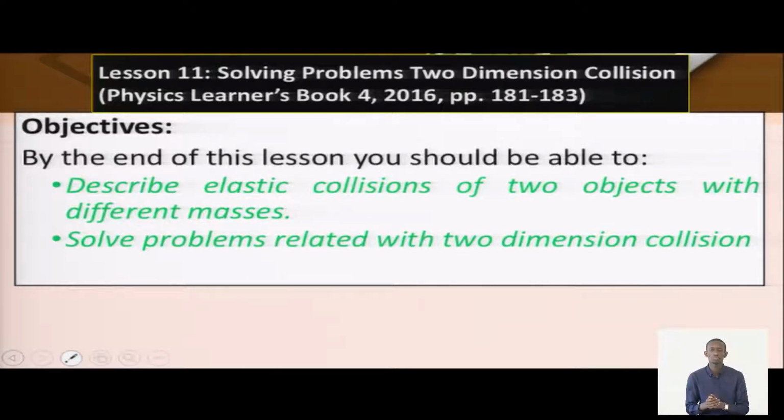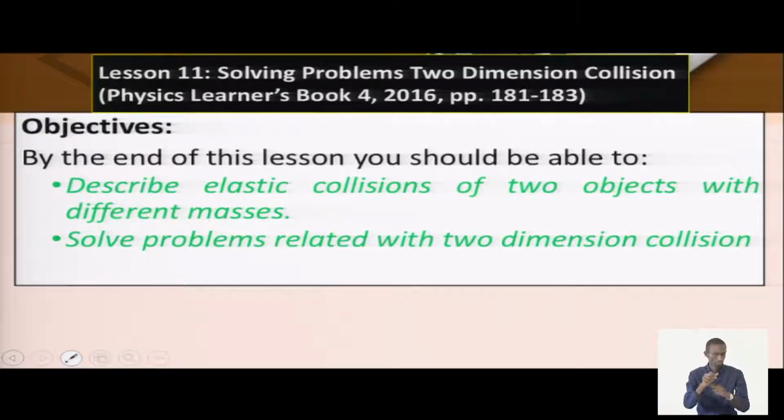In a few seconds, I'm going to solve it, and you compare the answers with what you have determined, okay? Another objective, number 2, is to solve problems related to two-dimensional collision.